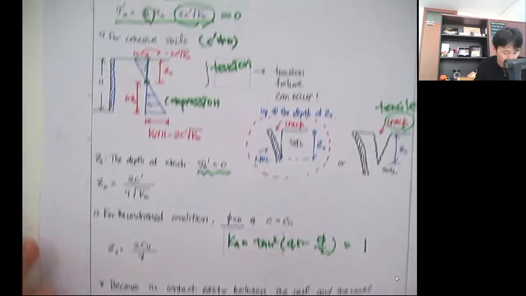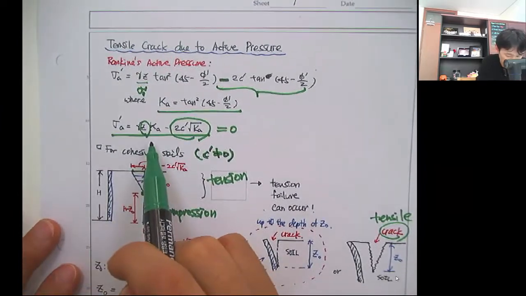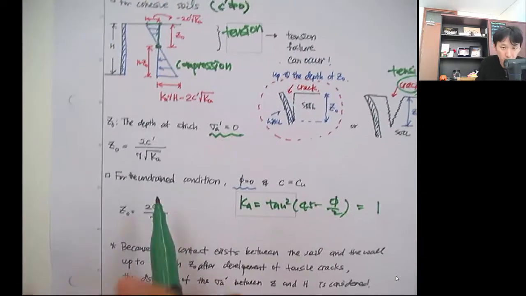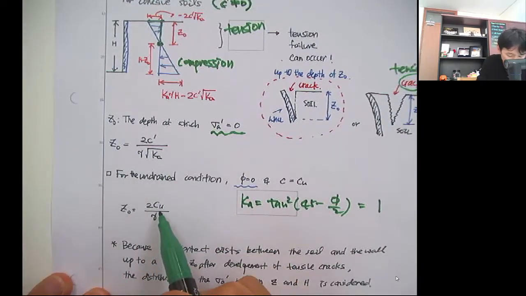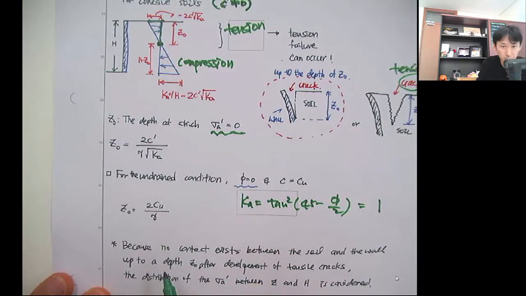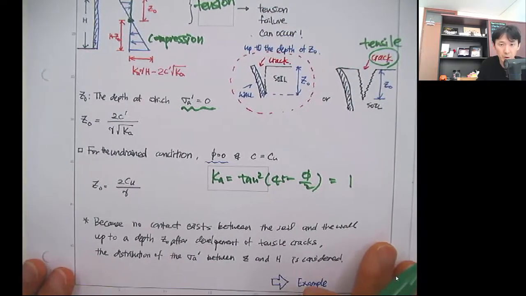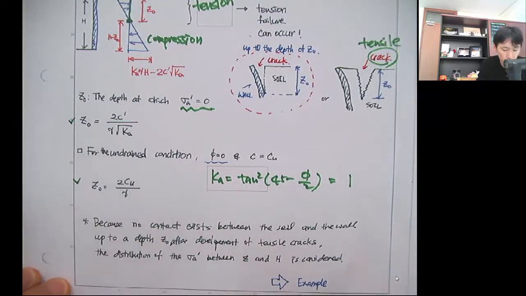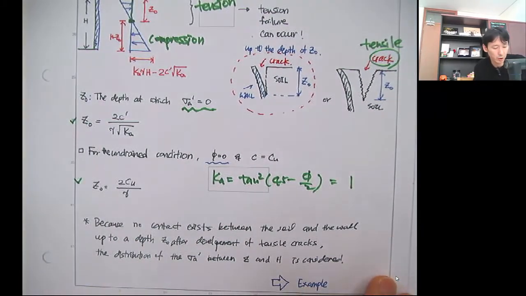So this equation becomes just Cu over gamma. So if the soil is cohesive, you can calculate using these two equations the critical depth of the tension crack.